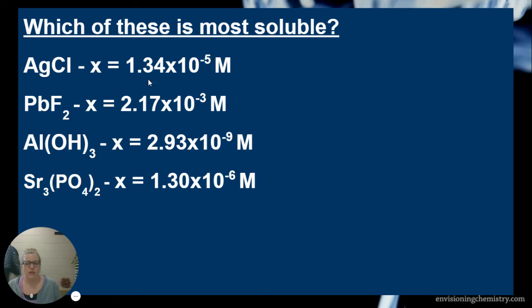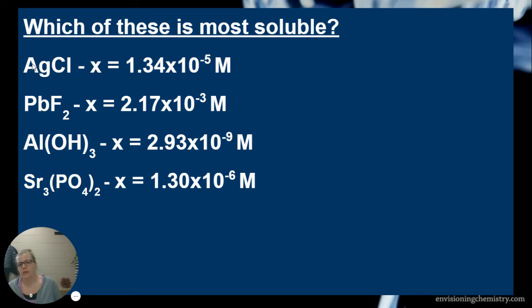These guys here are dramatically different in terms of their solubilities because this one makes 3 ions and this one only makes 2. Same thing here. The aluminum hydroxide, its exponent's negative 9. Strontium phosphate is negative 6. So it's not an apples to apples comparison if you have things that don't make the same number of ions.